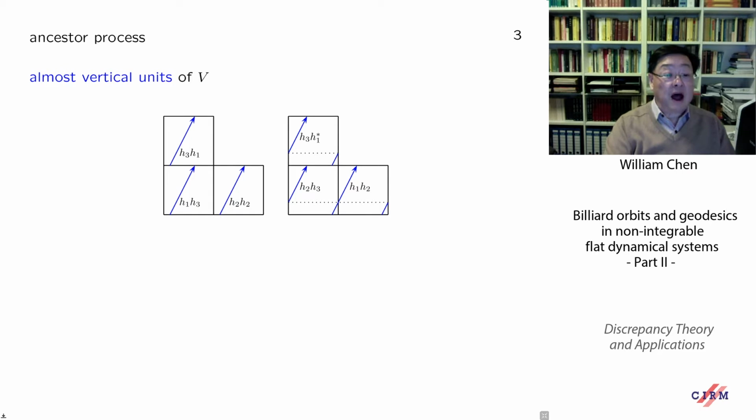Well, there are 6 different types of almost vertical units in the L surface. We've shown them here. They all go from one horizontal edge to another horizontal edge. 3 of them don't hit the vertical edge in between, whereas the other 3 hit the vertical edge somewhere in the middle.